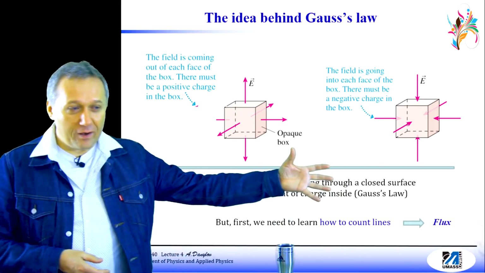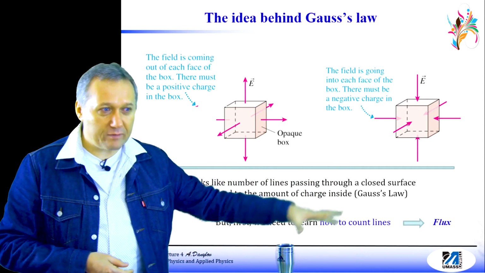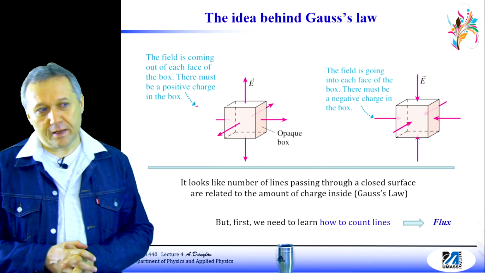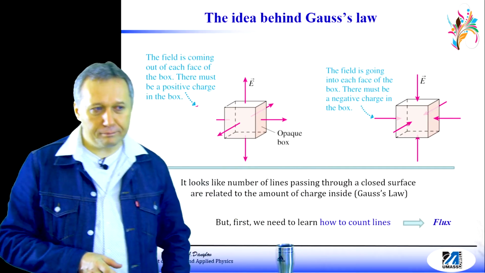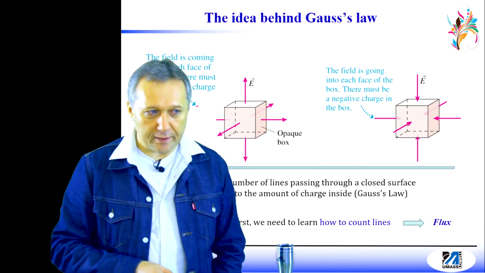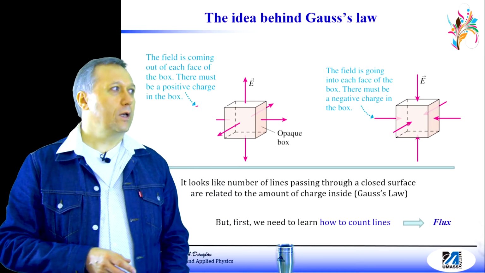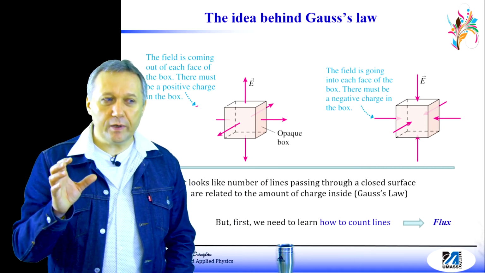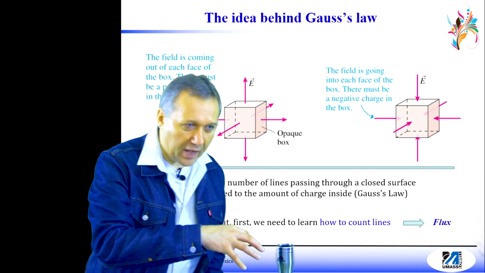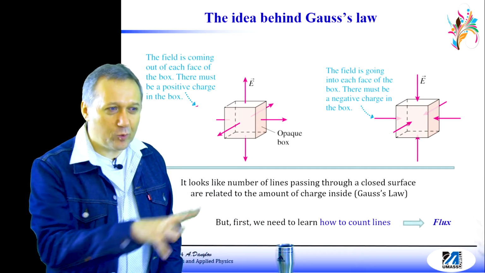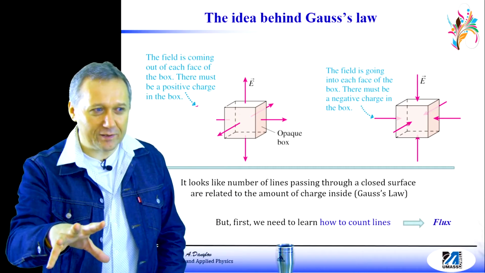Okay, so let's have a break, 10 minutes, till 9, and then we will spend the rest of the class introducing the electric flux. It's a very important quantity, and then in a few weeks, we will introduce magnetic flux in a similar way. The idea will be very similar, except we will replace the word electric field with the magnetic field, and that's it.